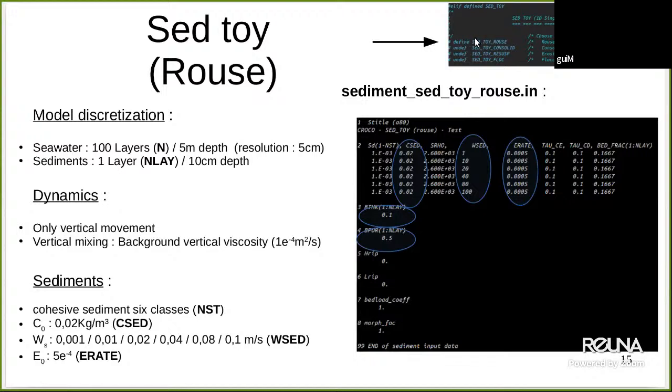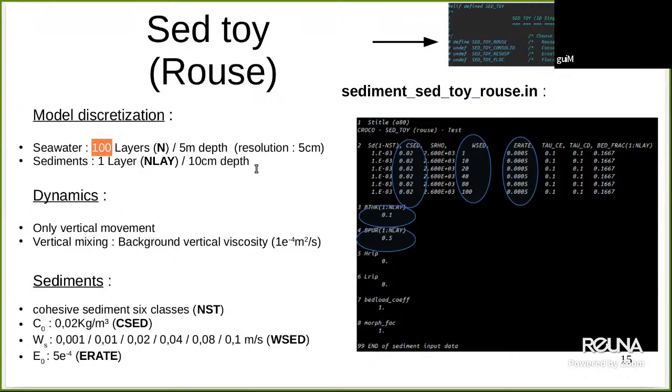Okay, so you can switch this with this flag in the set.cppdef file. And okay, so what happened here? We give to CROCO 100 layers of water column with 5 meters depth. So we have a resolution of 5 centimeters. And we have 1 layer of sediment of 10 centimeters.